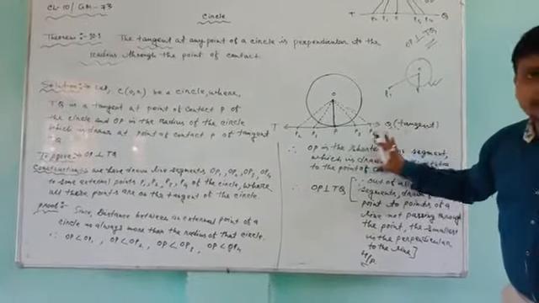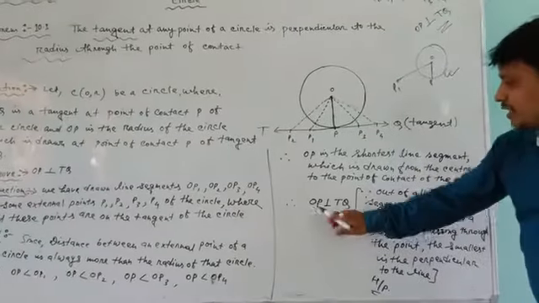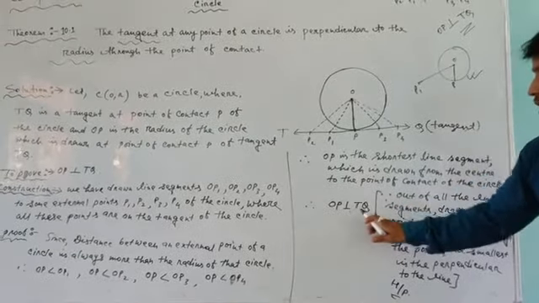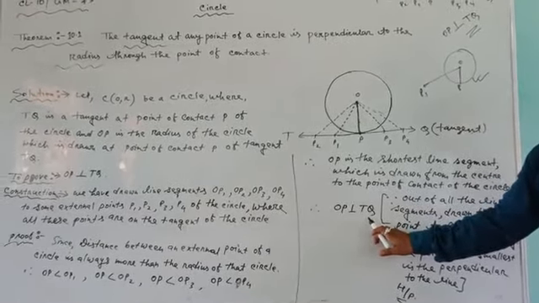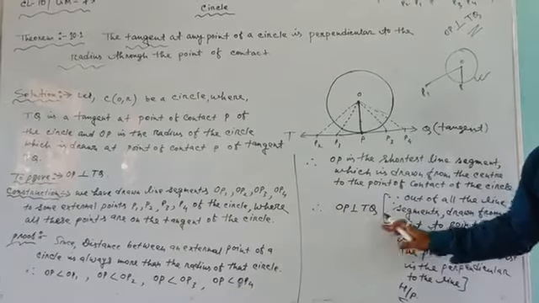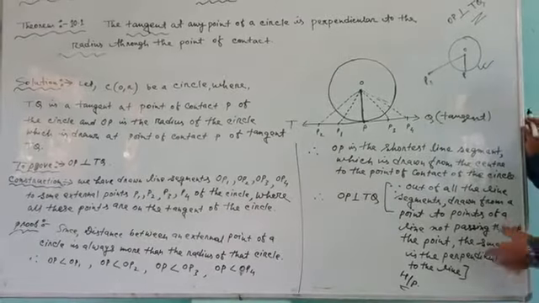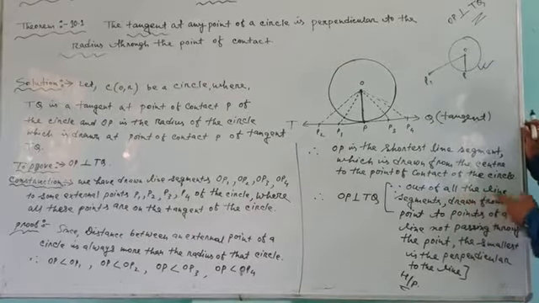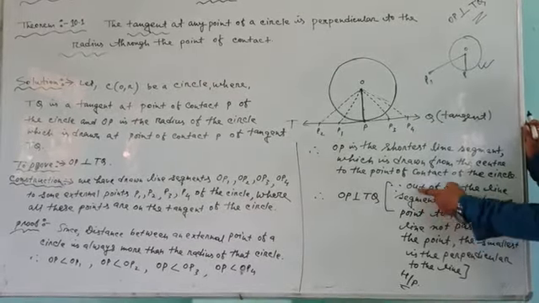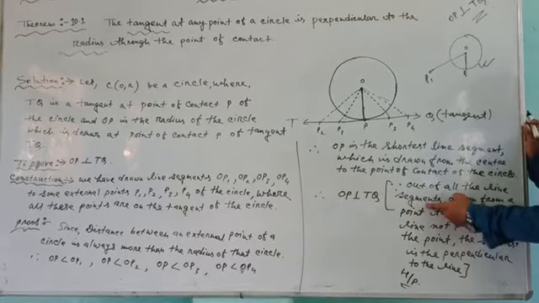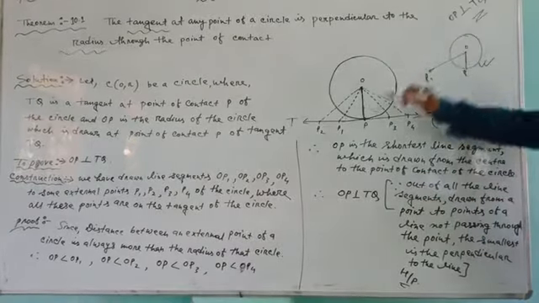If OP is the shortest, then we can write OP perpendicular on TQ. Why can we write OP perpendicular on TQ? By this rule. What is the rule? Written: out of all the line segments, which are the line segments?